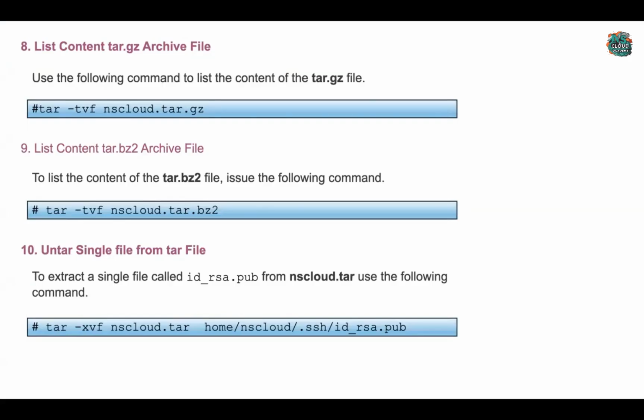This is the same as I already explained. It doesn't matter whether it is tar.gz or tar.bz2, whatever the file is, you can simply view the content of that tar file with the t flag, the -t option.